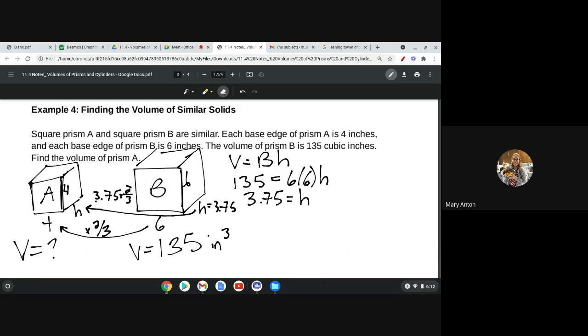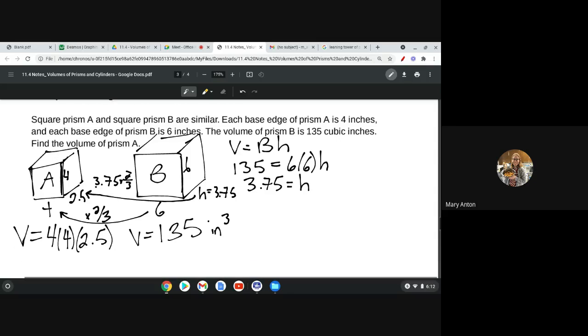So this height here is actually 2.5. All right, and now this volume is going to be our 3 lengths multiplied together. It's going to be 4 times 4 times 2.5, which is 40.